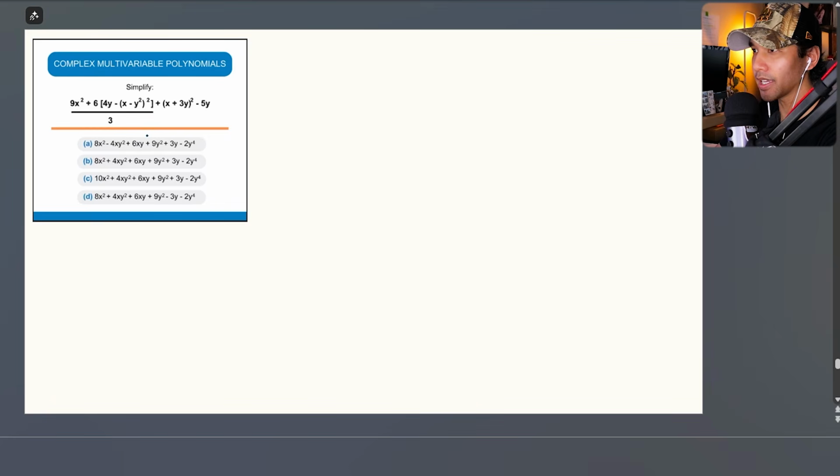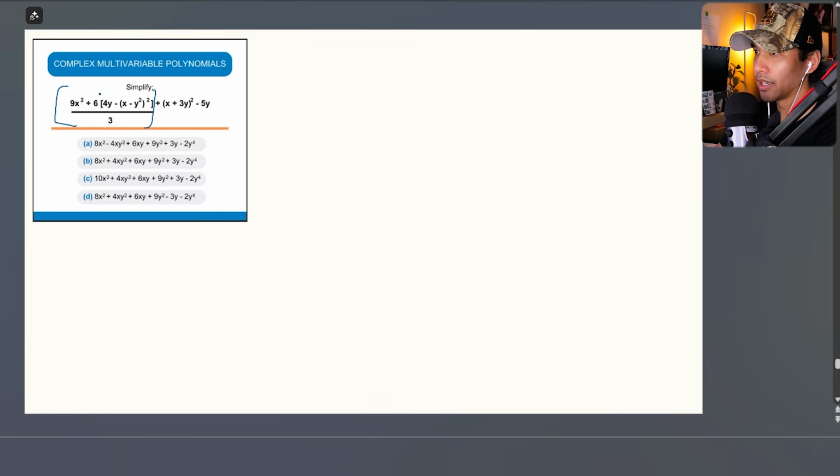Okay. The first thing I would do here is get rid of these coefficients, the 9 and the 6. I would first divide by the 3 into the 9 and the 6, right? So I'll show you what I mean. I'm going to rewrite just this portion of the equation.